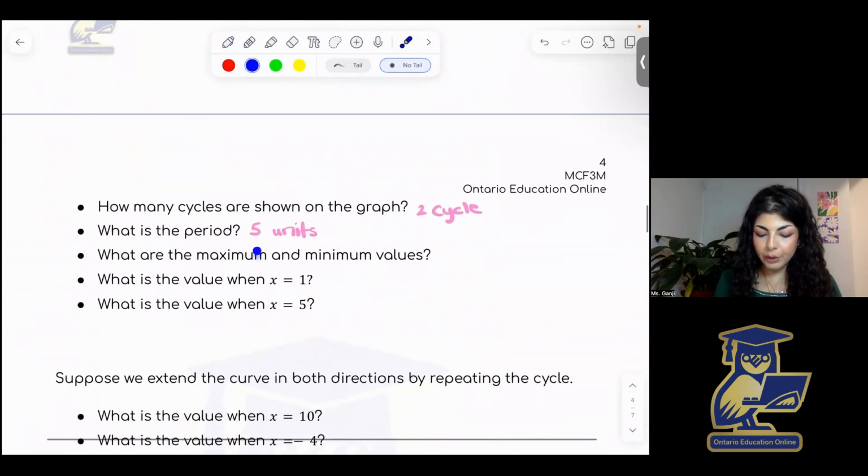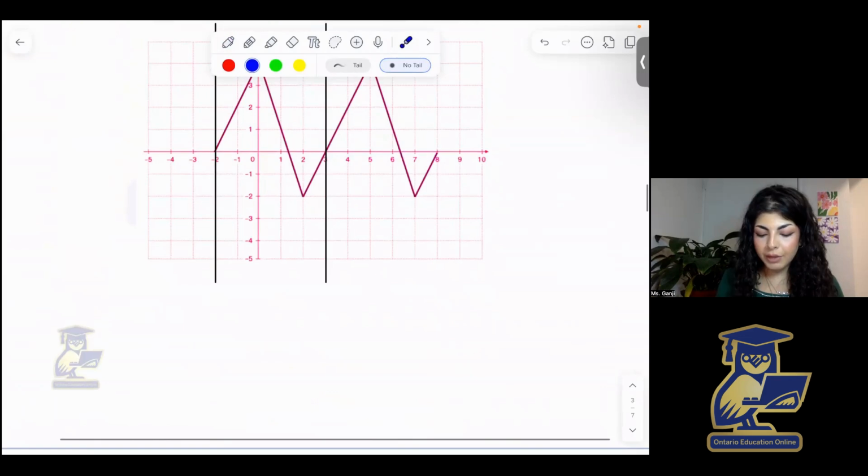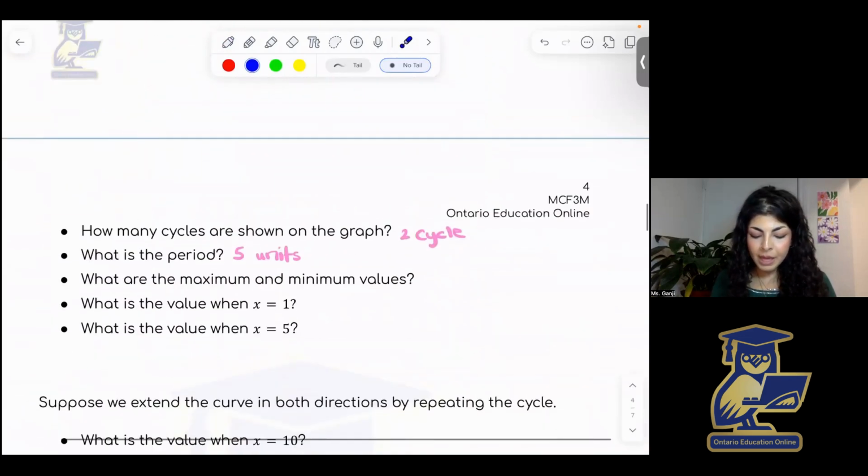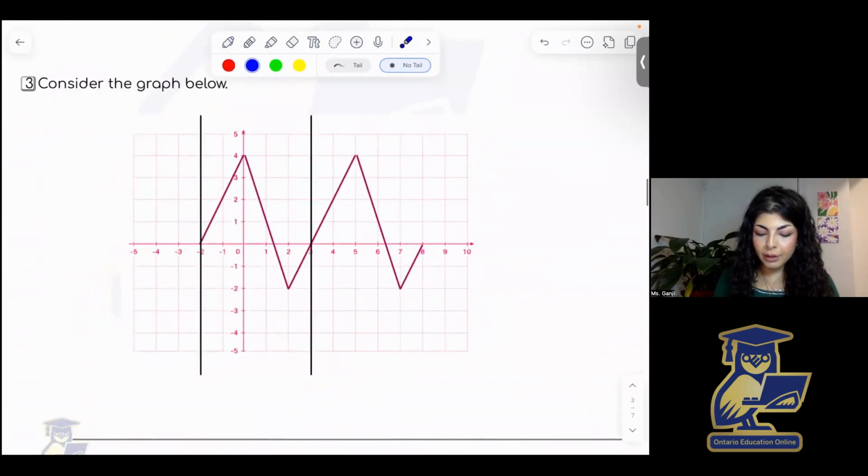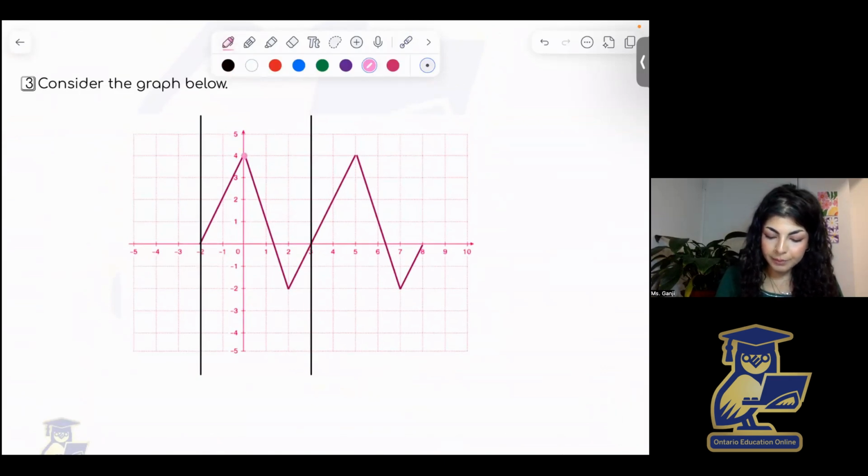So we just say 5 units because I can count 5 here and 5 here. Now, what are the maximum and minimum values? So of course we know the maximum, maybe this is the maximum and this is the minimum.